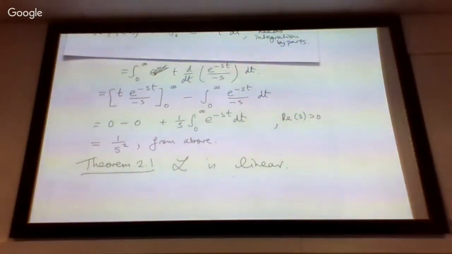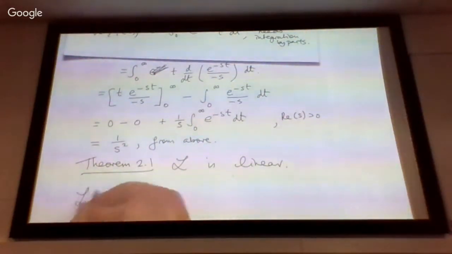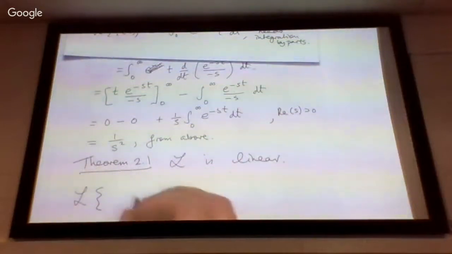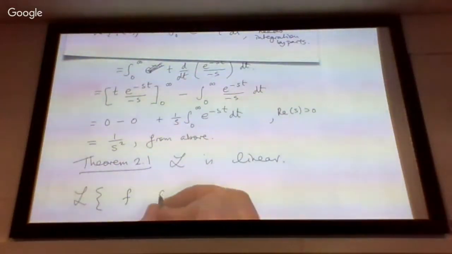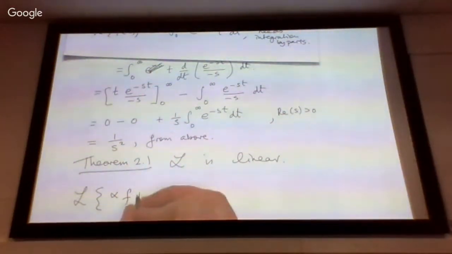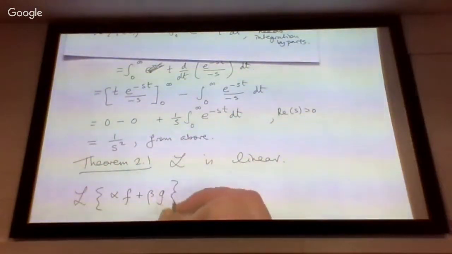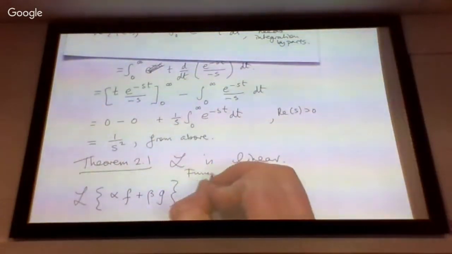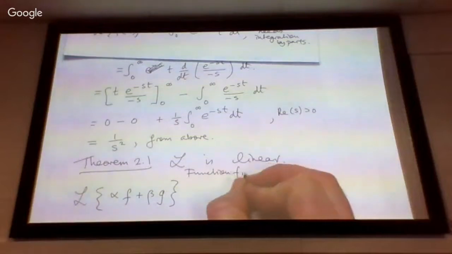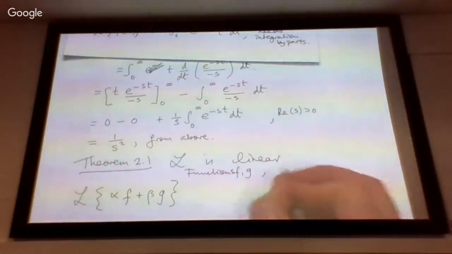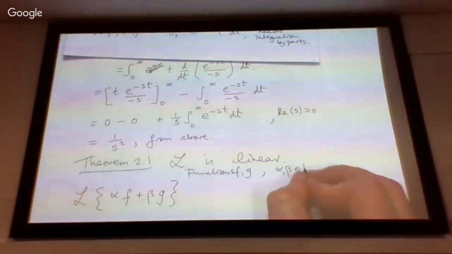Now, what do you understand by that term linear? You have to take that and apply it to this context. Linear refers to how it behaves on linear combinations. The Laplace transform acts on functions, so we have to imagine functions f and g and a linear combination of them. So we've got functions f and g, and real numbers alpha and beta.